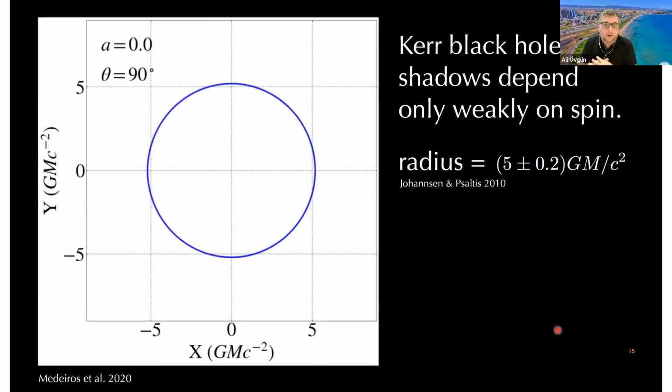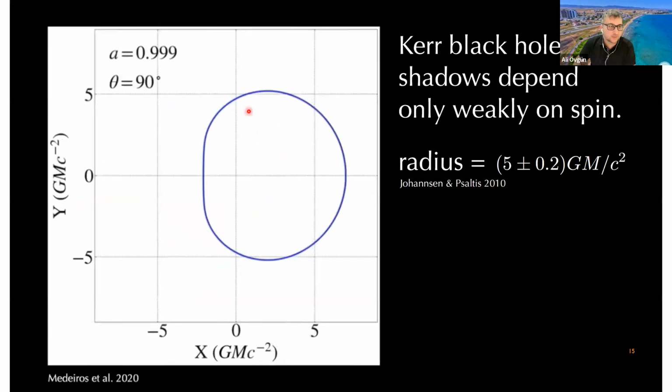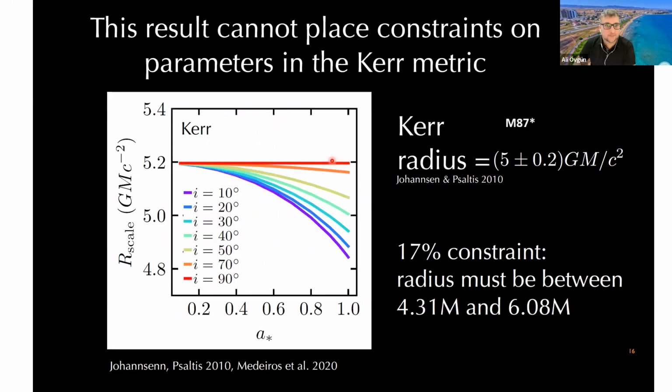But Kerr black hole shadows depend only weakly on the spin. So this is the radius of the black hole shadow. This is a full circle, so there is no rotation, a is equal to 0. If there is a rotation of 0.999, then you can see that you don't have a full circle, but you have a deformed circle because of the rotation.